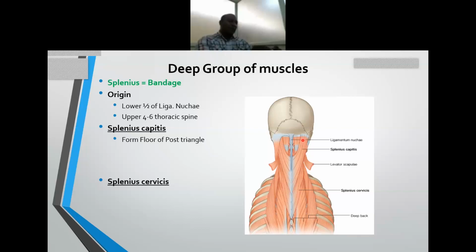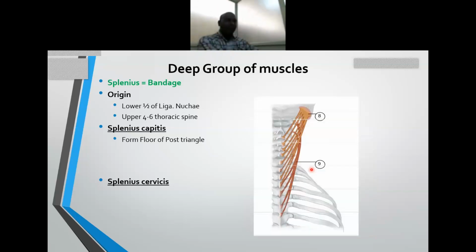Just at that point, there is a small area where the splenius capitis forms a little bit of the floor of the posterior triangle. Okay, and insertion is into the mastoid process and the superior nuchal line, which extends from the mastoid process up to the external occipital protuberance.